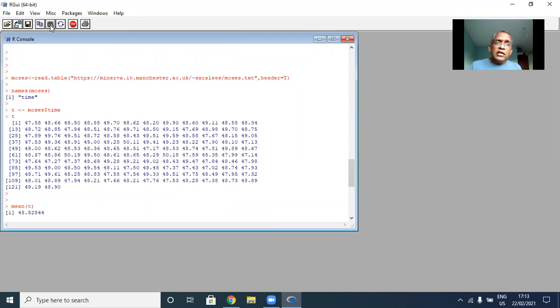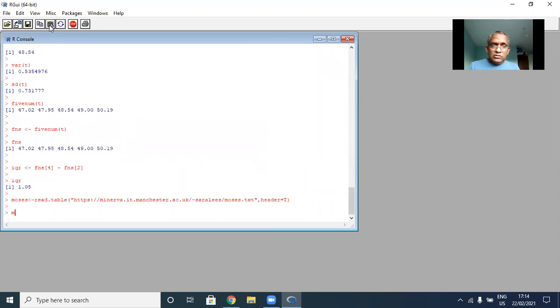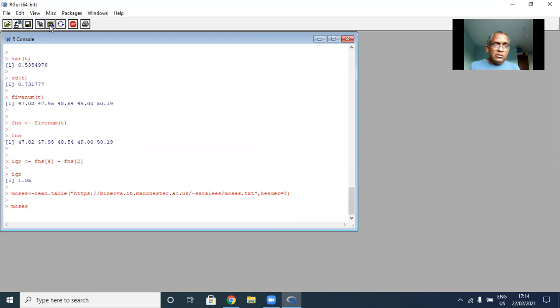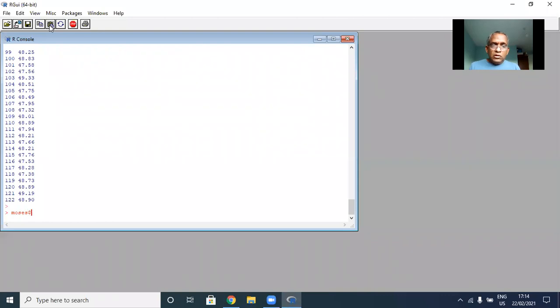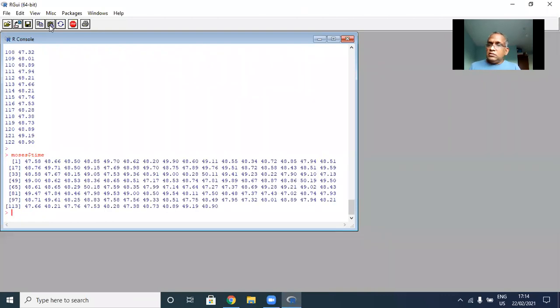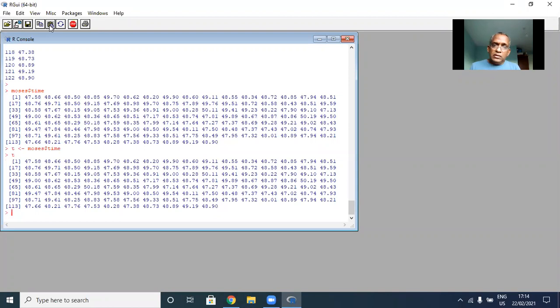So this command here will read the data set, Moses, right? So if you type Moses now, it will contain 2 columns. The first one is a counter column, which you can ignore. The second is the column that we were looking for, which is time. So Moses$time is the column that we're looking for. And I call this T. So T denotes the data that we just read, okay?